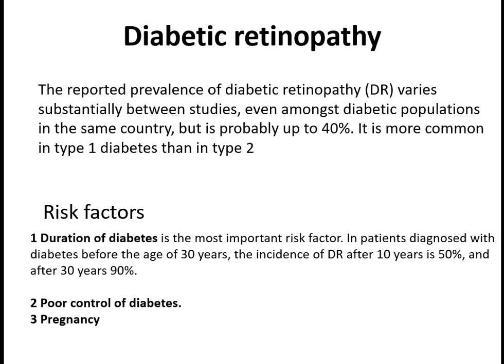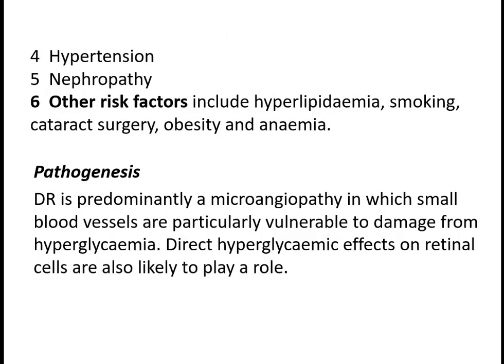فمهم duration of diabetes. Secondly, poor control of diabetes, pregnancy, hypertension, nephropathy, and other risk factors may include hyperlipidemia, smoking, previous cataract surgery, obesity, and anemia. These are the important risk factors for diabetic retinopathy.